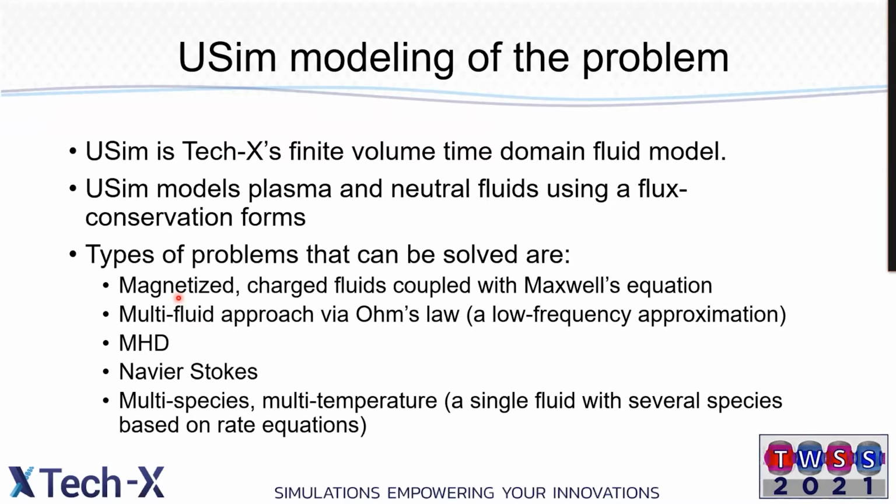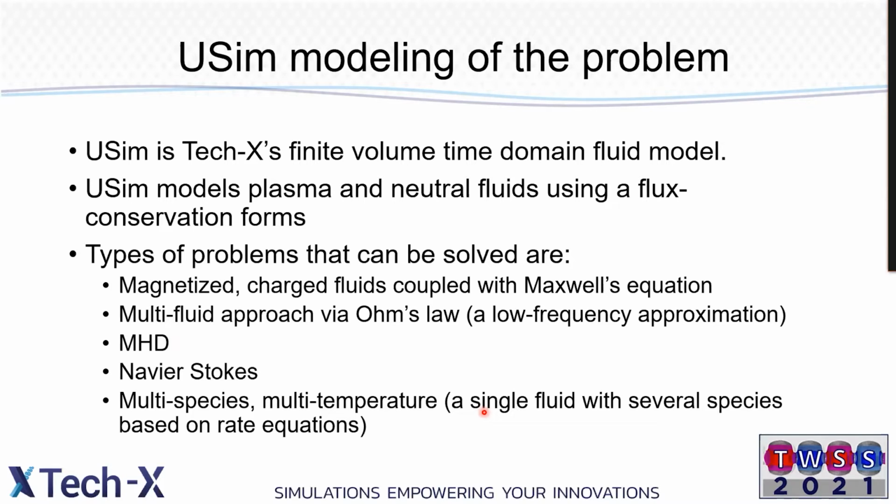there is a severe time restriction when you couple in the full Maxwell's equations in any fluid model, unless it's implicit. We also have MHD models. We can evolve the Navier-Stokes equation, and then a really neat capability within USim is, within the MHD framework, which is a single fluid approach, we can have multiple species through the rate equations.